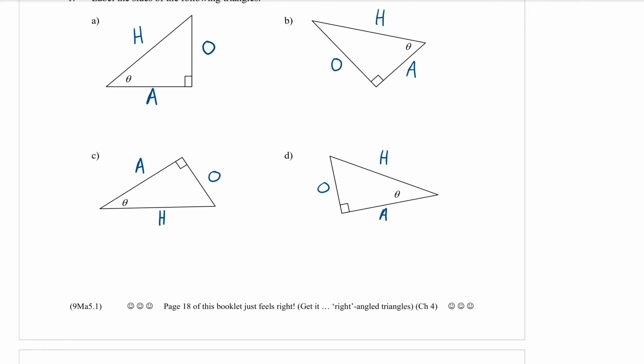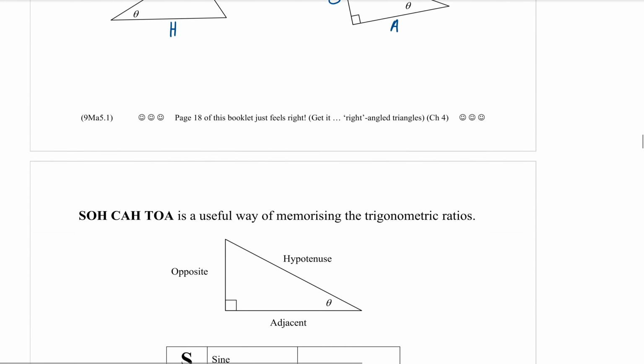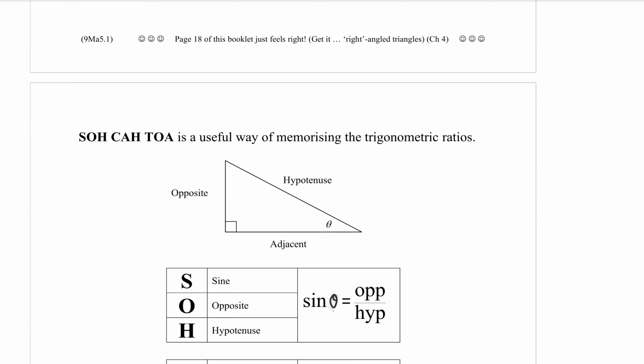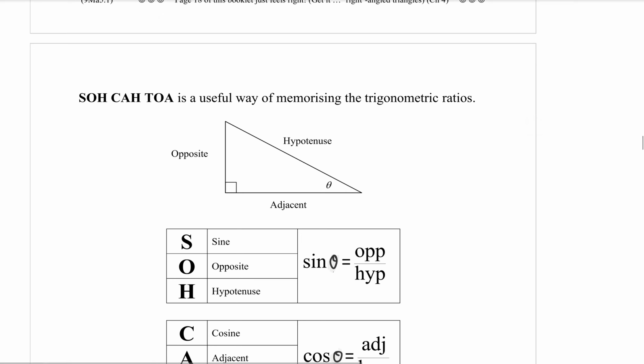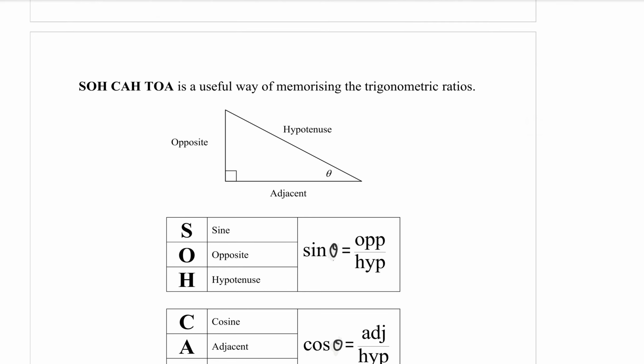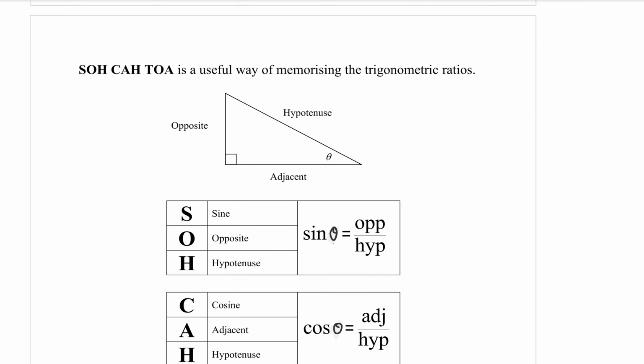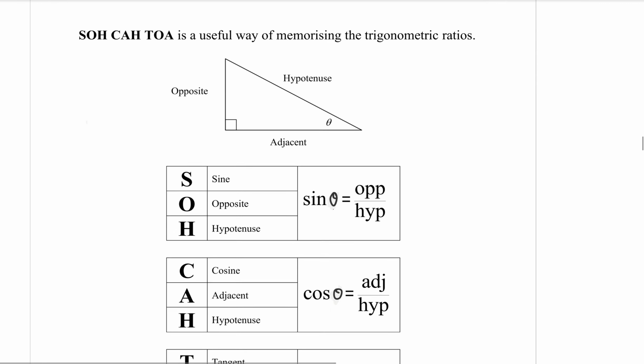Okay, once you can label the sides of a triangle, we then want to learn about the formulas that we're going to be using in trigonometry. Now there's 3 of them. I'm going to show you all 3 to start with, but then we're going to be focusing on just one of them today. So the 3 rules are for sine, cos, and tan.